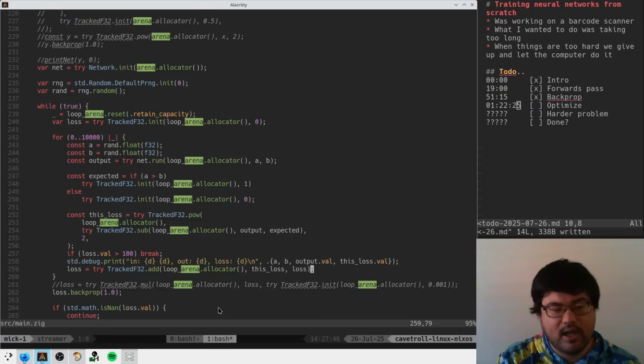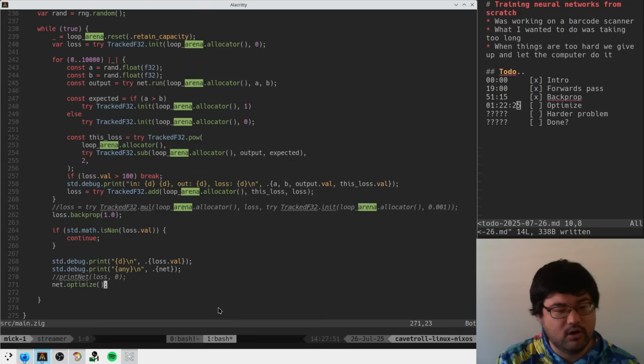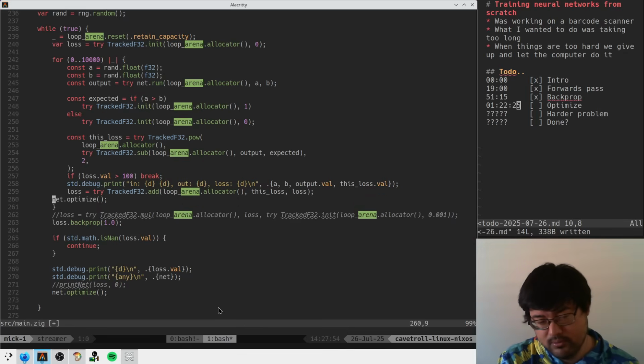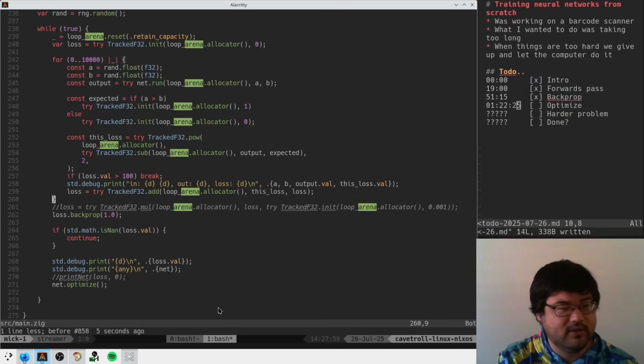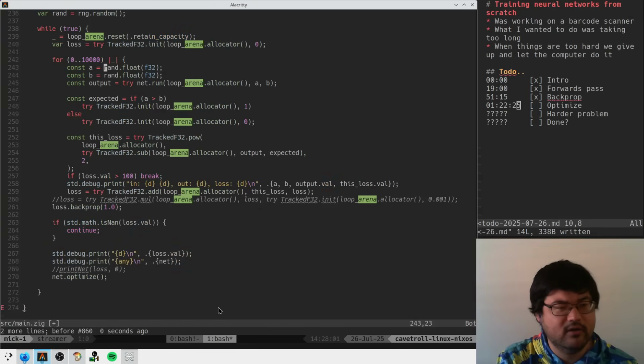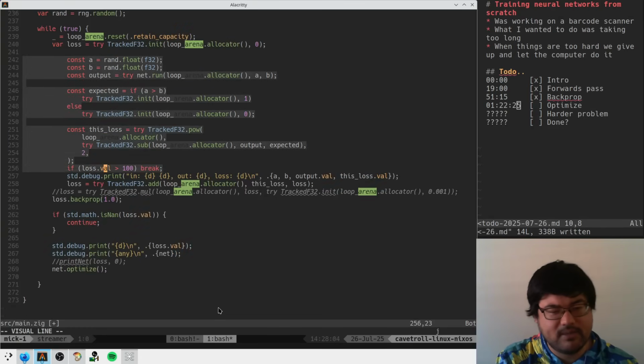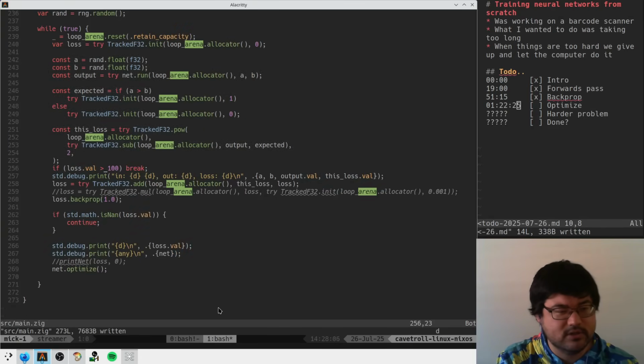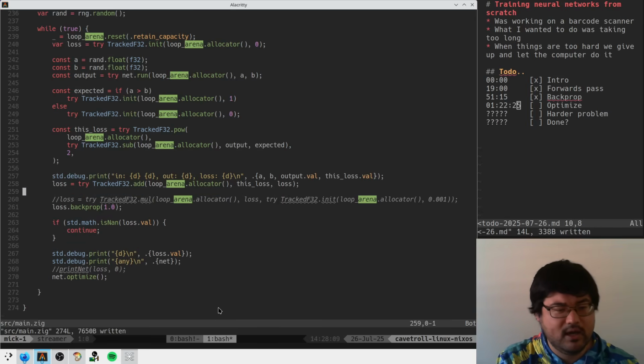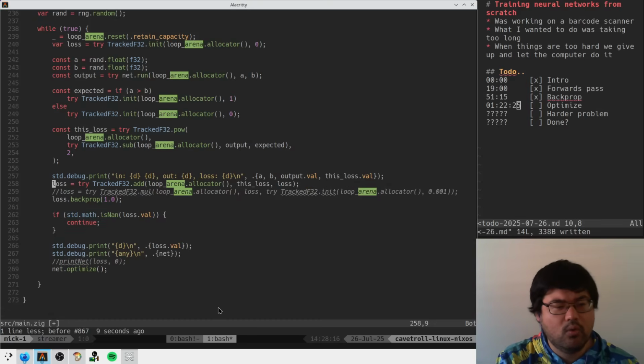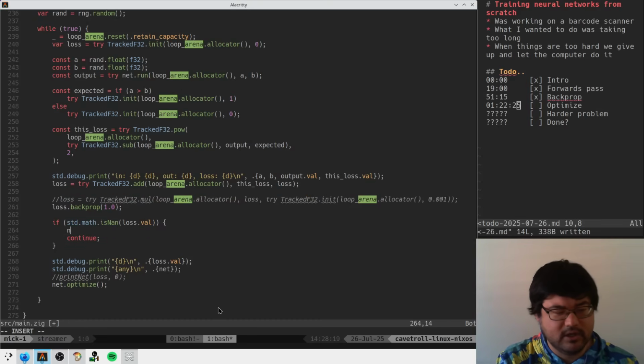Okay. Now, when loss is 1, can we print the gradients here? So let's go back to optimizing every iteration of the loop. Let's get rid of this big loop here. I suspected that might help, but maybe he's getting confused. So let's do this. And can we print the gradients that are associated with each weight? Ooh, and then here we also have to do a clear grad or something.